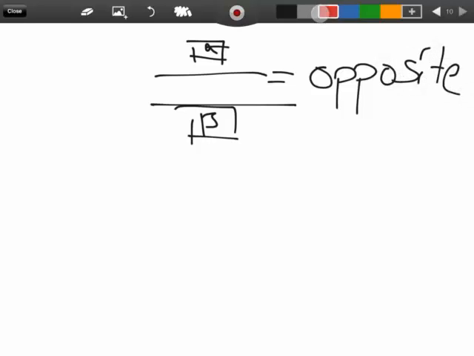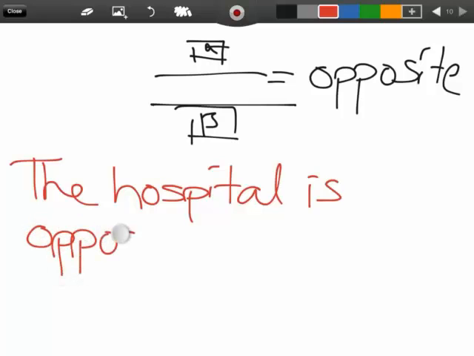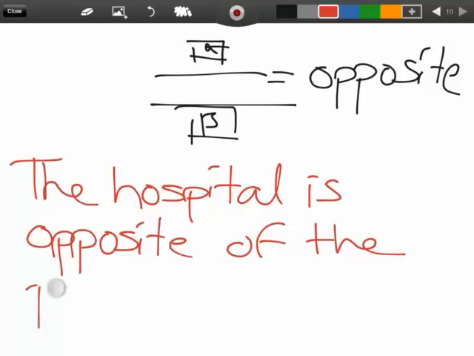And if you want to use this in a sentence, you could say the hospital is opposite of the park. You could use opposite in a sentence like this.